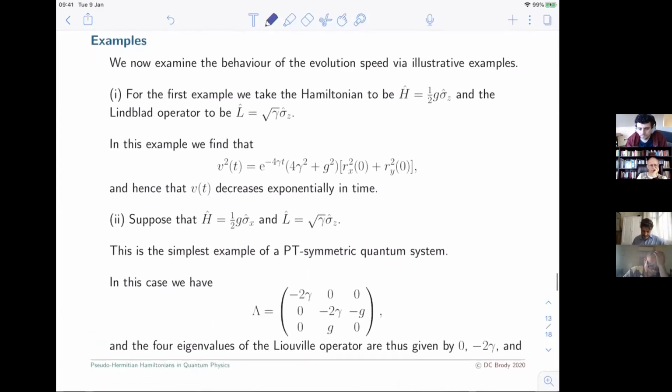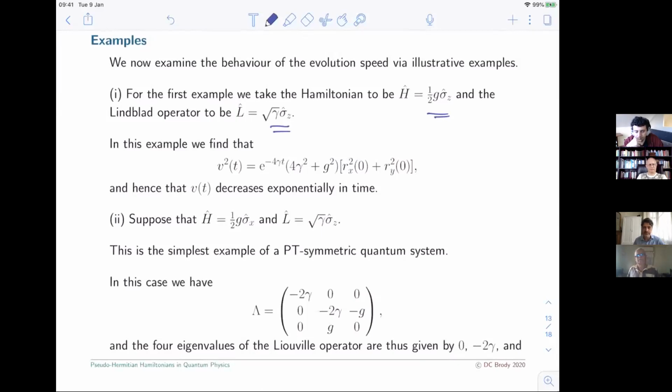So that's the expression for the speed, and now we can look at two examples, both in the 2 by 2 case. In the first example, h is given by sigma z, and the Lindblad operator is also given by sigma z.